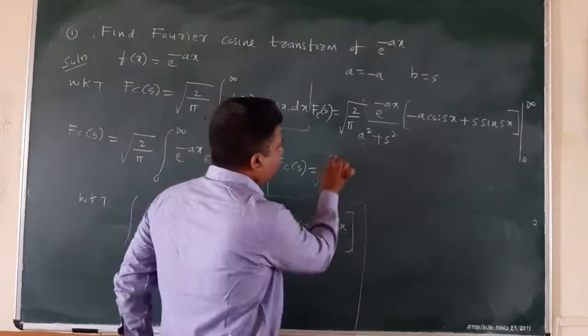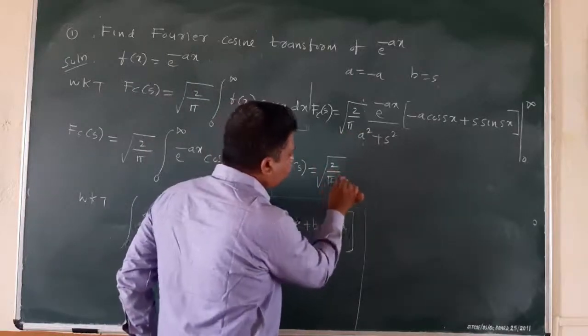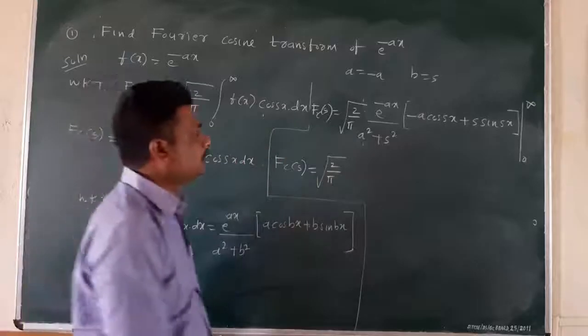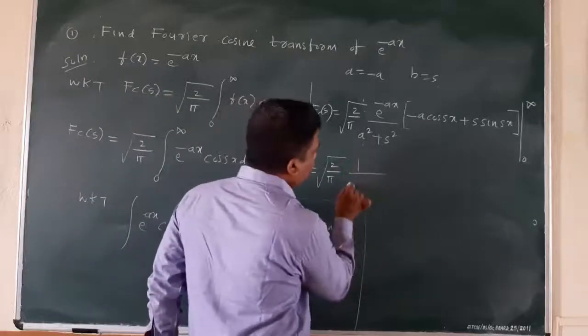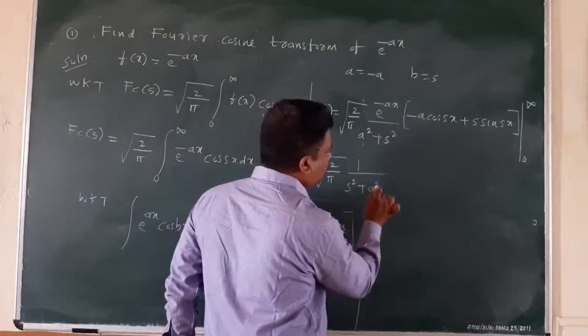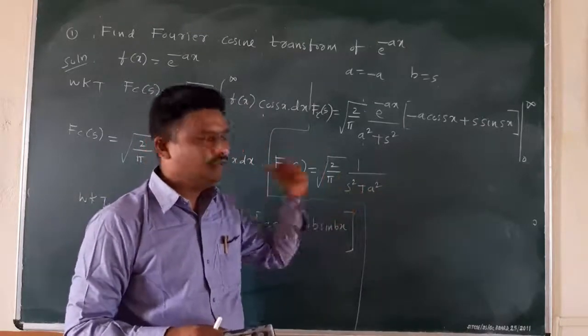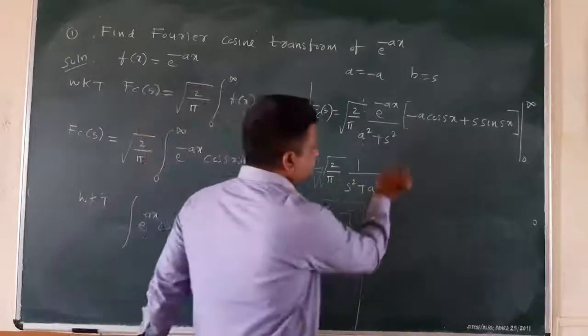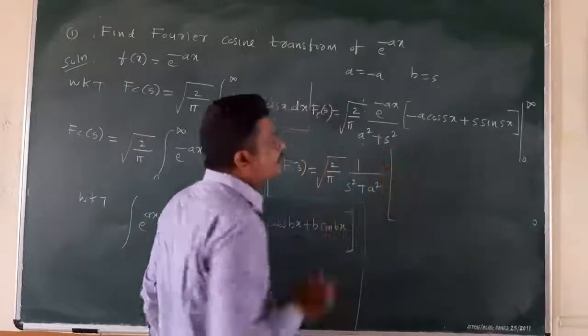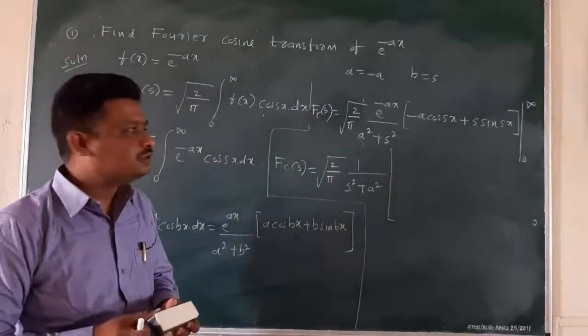So here I will write square root of 2 upon pi as it is, and 1 upon s square plus a square also as it is, because it is a constant as we are integrating with respect to x. So now I will put here the upper as well as the lower limit.